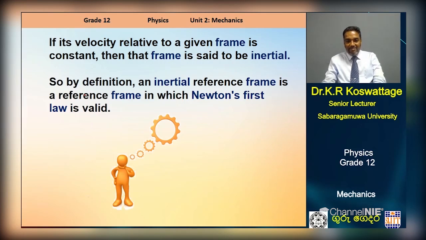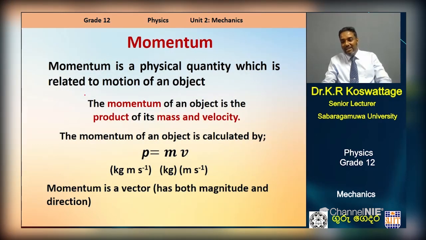Then I have to define another quantity which is mainly associated with motion, which is the so-called momentum. Momentum is a physical quantity related to the motion of an object. The momentum of an object is the product of its mass and velocity.